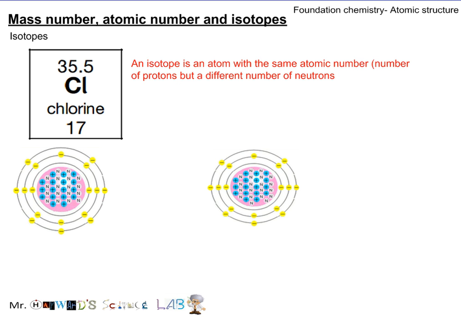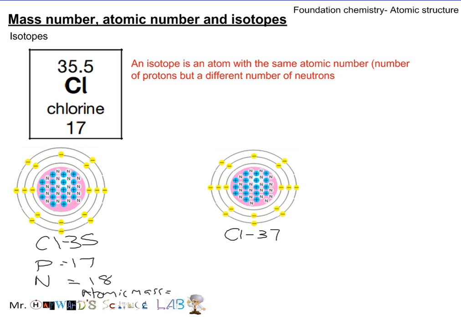We've got chlorine-35 on the left here and chlorine-37 on the right. Now, it's called chlorine-35 because it has 17 protons and 18 neutrons, so it has a mass number equal to 35.